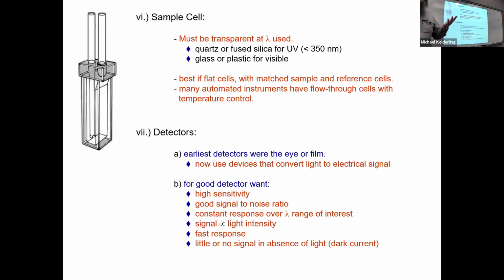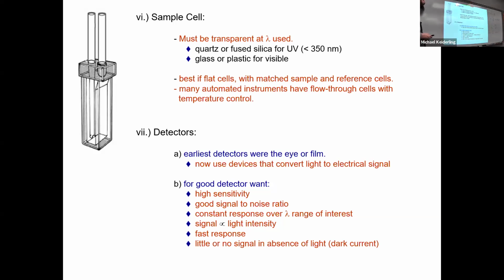So let's move on to talk about sample cells. Generally, sample cells need to be transparent at the wavelength that you're interested in. So you use quartz or fused silica for UV, less than 350 nanometers, glass or plastic for visible. We actually have both. We have quartz cells, we have plastic cells.